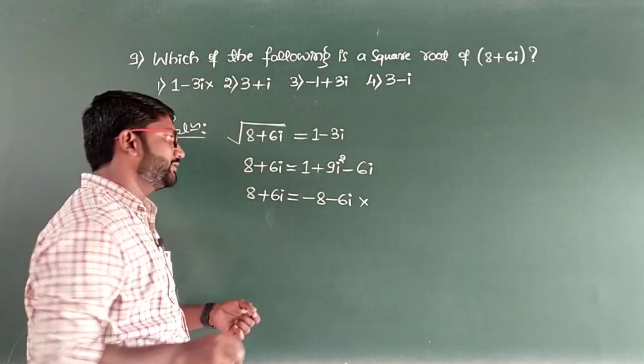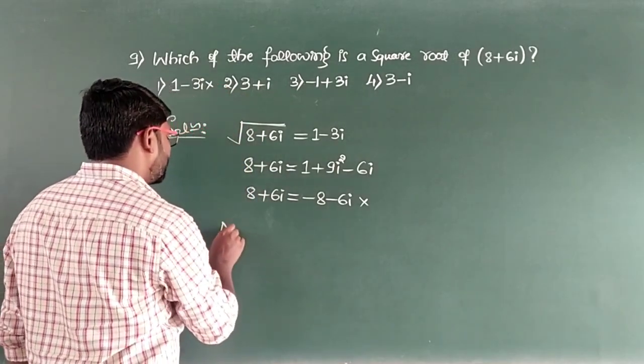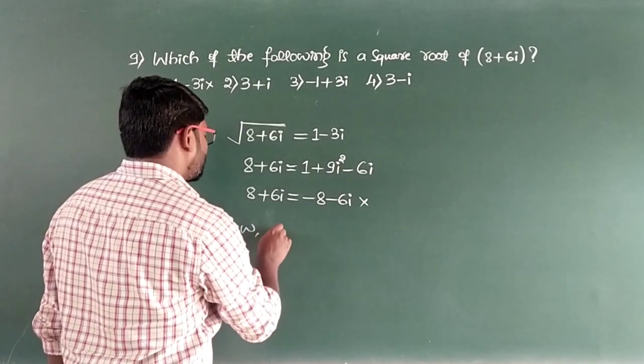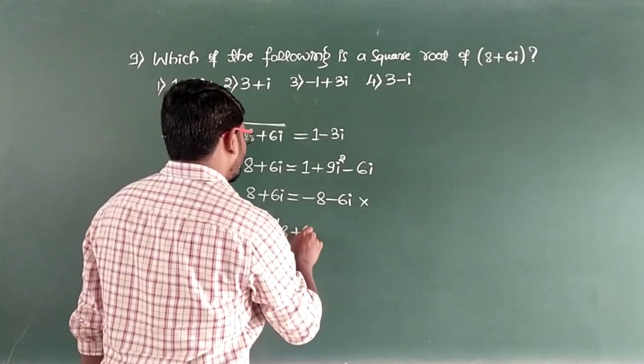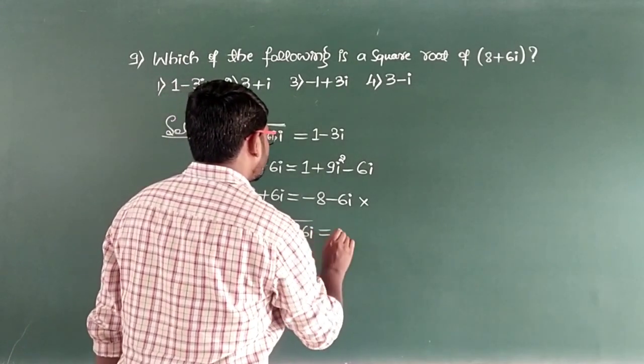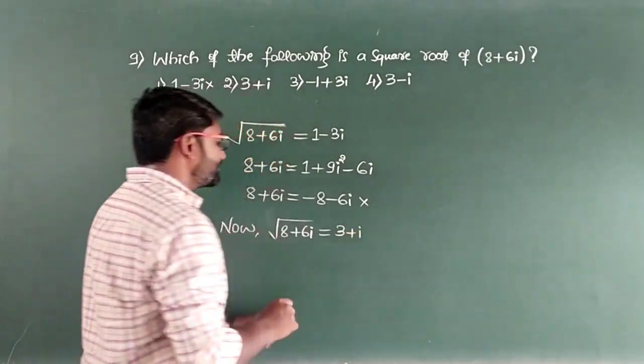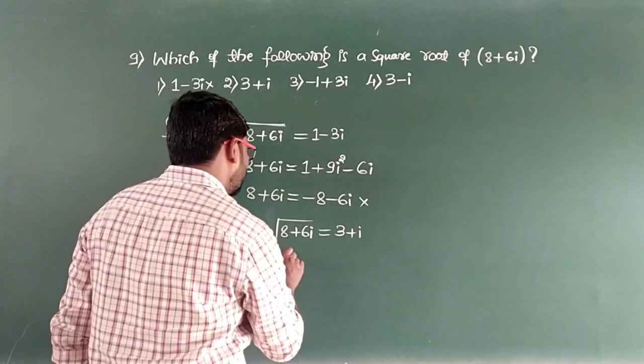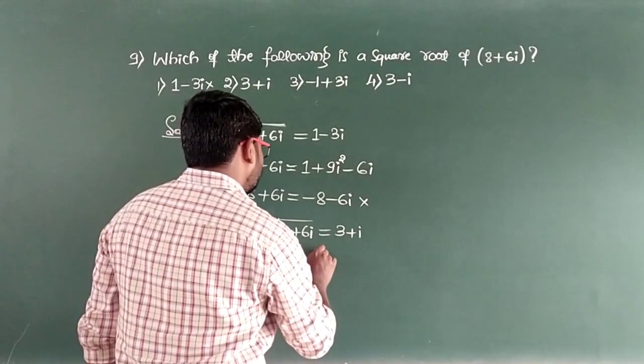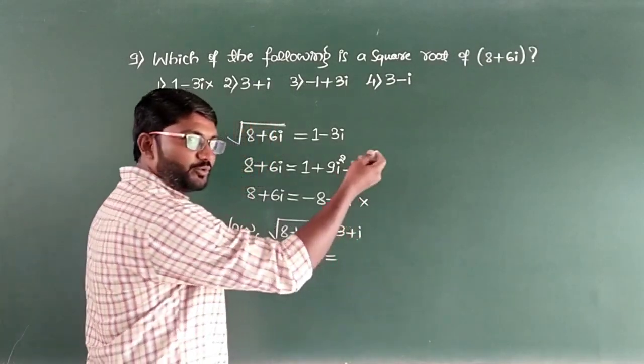Let us take up option 2 now. So here, the square root of 8 plus 6i is equal to 3 plus i. Now square on both the sides. So what do we get? 8 plus 6i is equal to (a plus b) the whole square now.